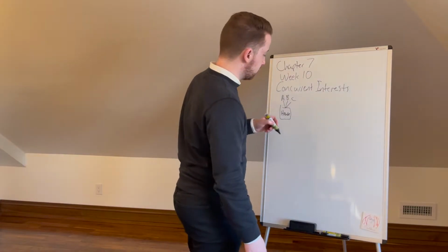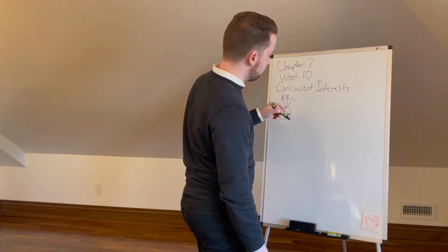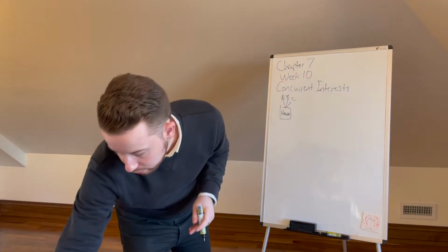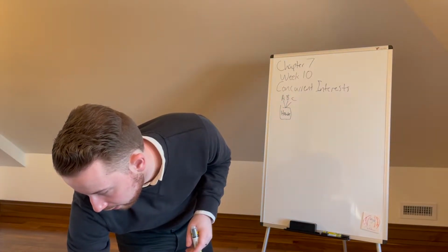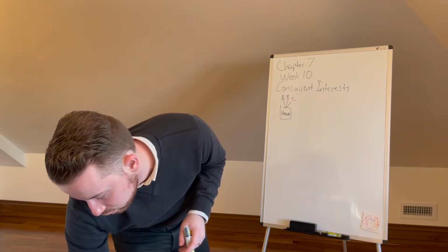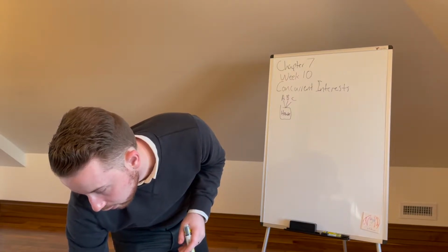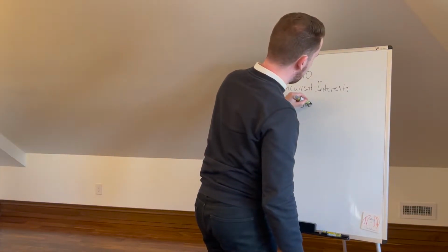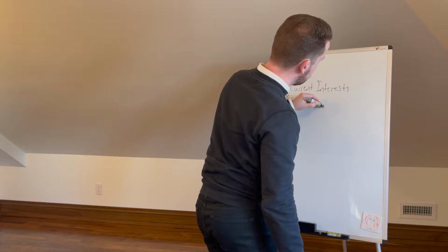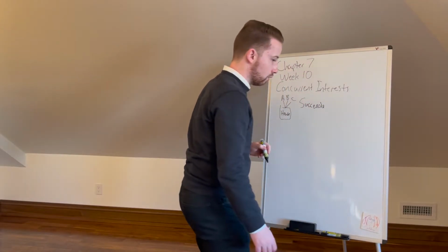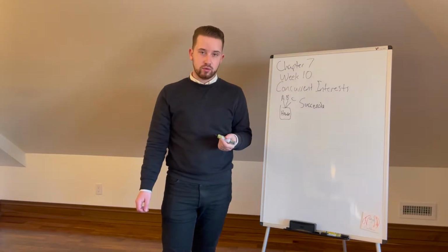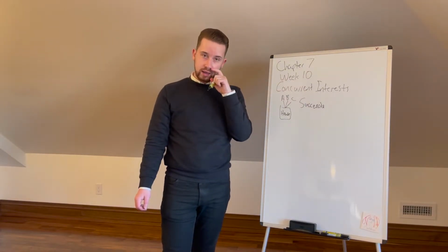And that is different from the two things that we discussed, and which you have in the book at page 556 and 57. So first, it differs from a successive interest. So my example with the life estate, you have a present interest of present possession, which is the life estate.